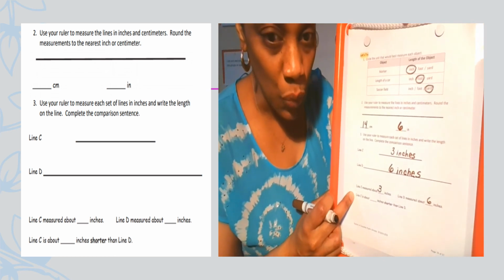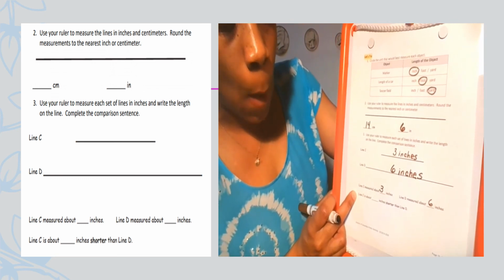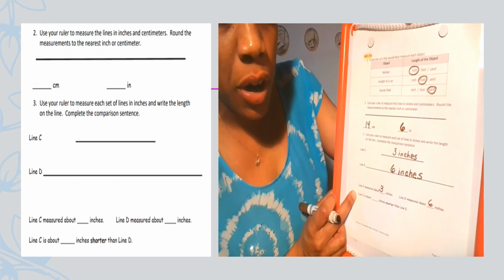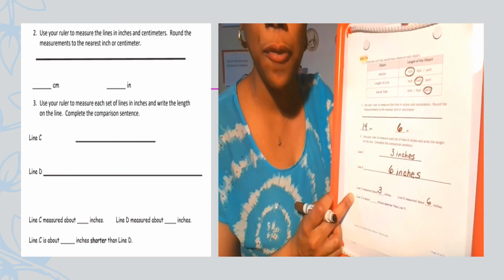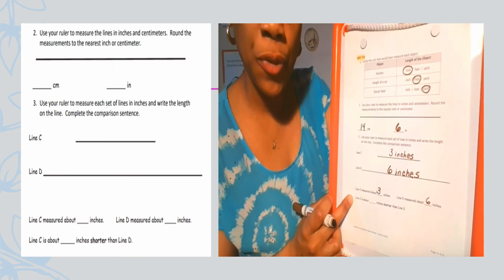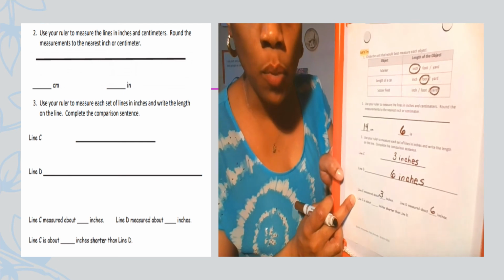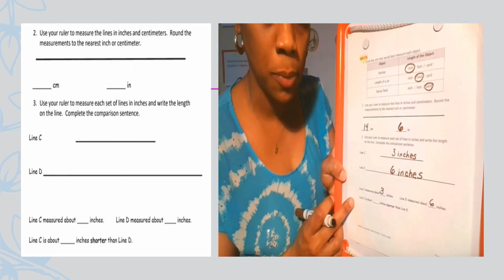Now we go to the last sentence on that page. Line C is about inches shorter than line D. So I have to find out the difference between the two, the difference in the length. One is shorter, one is longer. One way that I can find the difference is to subtract.